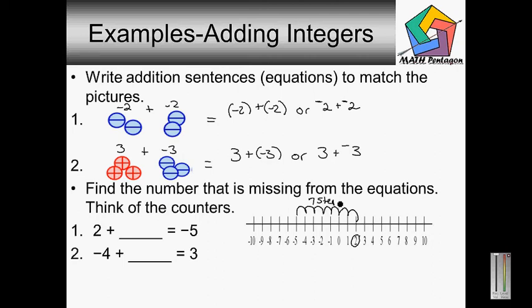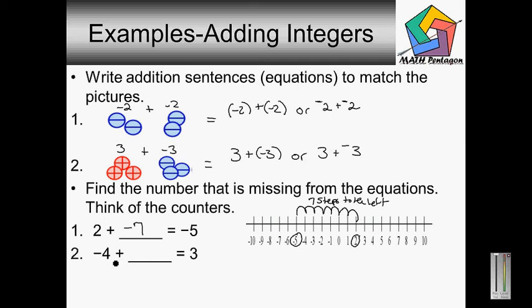So 7 steps to the left, we have to move from 2 to -5. So it would be 2 plus -7, and the answer would be -5 as it landed here, as you can see, -5. So 2 plus -7 equals -5.